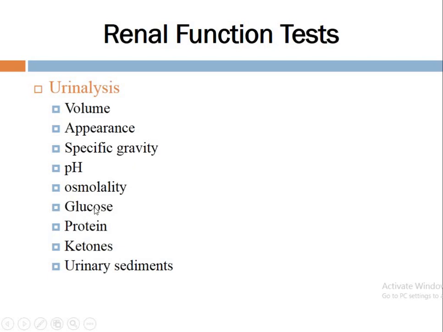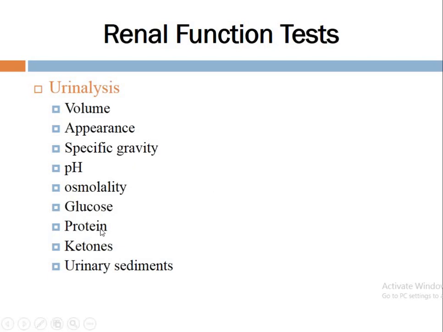Then various biochemical tests are also performed in urine analysis, like the presence of glucose. As you know, glucose is mostly reabsorbed from the urine into the blood, and if there is any glucose in the urine, it is known as glycosuria.